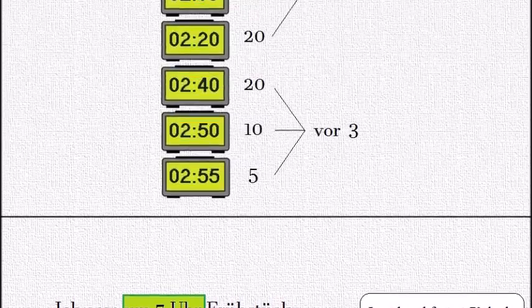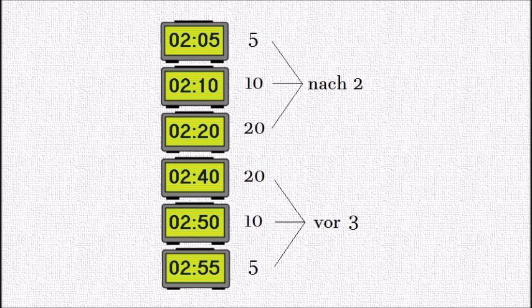Now, there are some more useful short forms with vor and nach, before and after. 2:05 can be called 5 after 2, fünf nach zwei. 2:10 can be called zehn nach zwei. 2:20 can be called zwanzig nach zwei. 2:40 can be called 20 before 3, zwanzig vor drei. 2:50 can be called zehn vor drei.